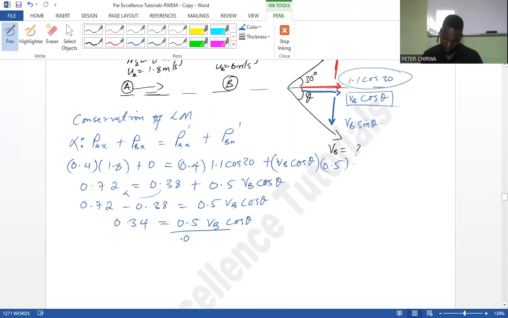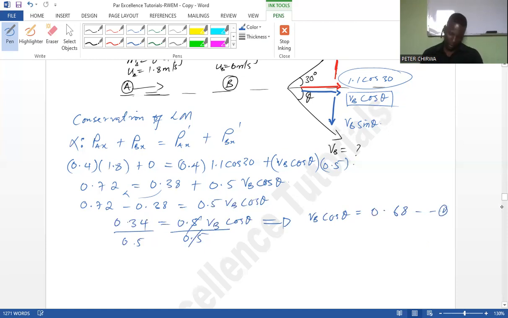So I can divide by 0.5, and VB cos theta is equal to 0.68. Let that one be my equation 1.